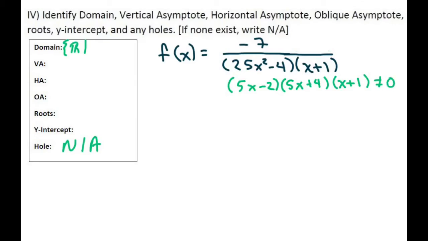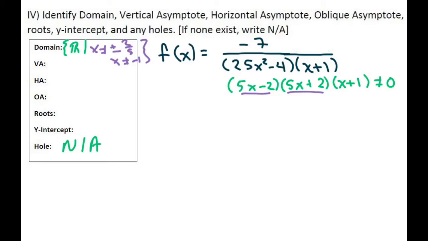So when you set all three of these binomials to 0, you're going to get the x, oh, this shouldn't be 4, this should be a 2. Sorry about that. So basically, we know that x cannot be plus or minus 2 over 5. That takes care of both of these. And x cannot be negative 1. So that's your domain.